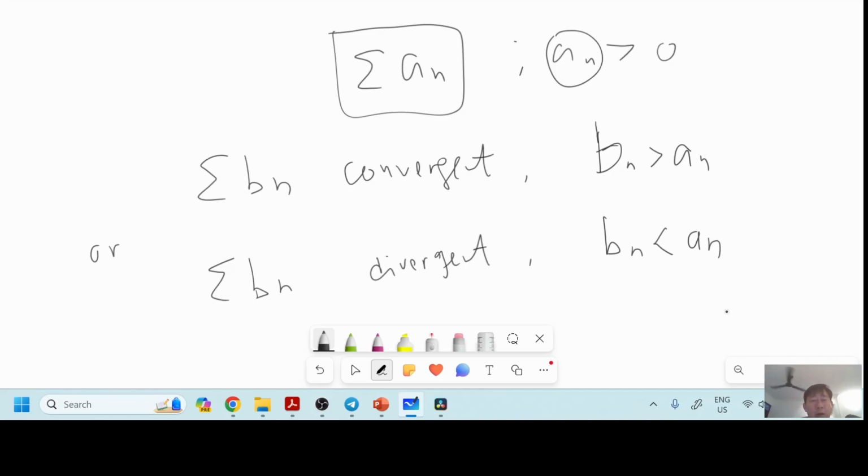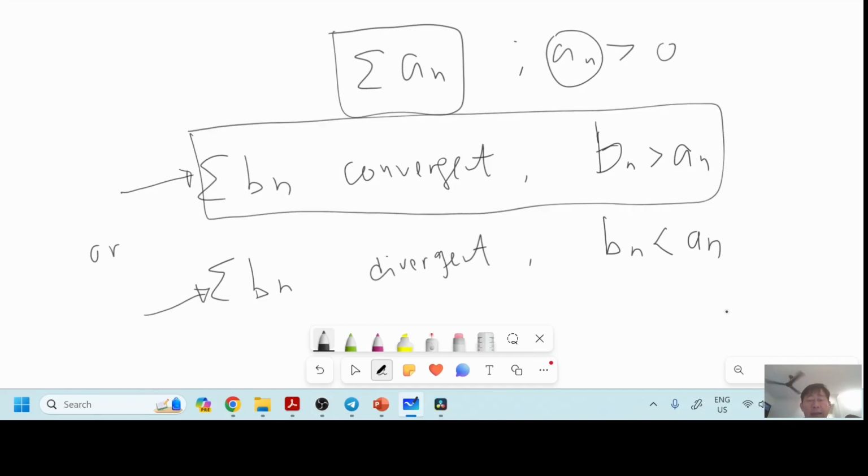The trick of proving the convergence or divergence of a series An lies in whether you are able to propose any series Bn that fulfills either this condition or this condition. If you can find, for example, any series Bn that is convergent and yet is term by term larger than An, then it means you have proven the series An as being convergent.